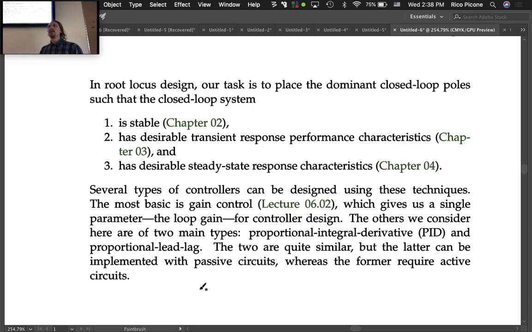The two are actually quite similar, but the latter can be implemented with passive circuits, whereas the former requires active circuits. So if you're going to do analog circuitry, oftentimes your sensor gives an analog electrical signal back. It's a typical situation.